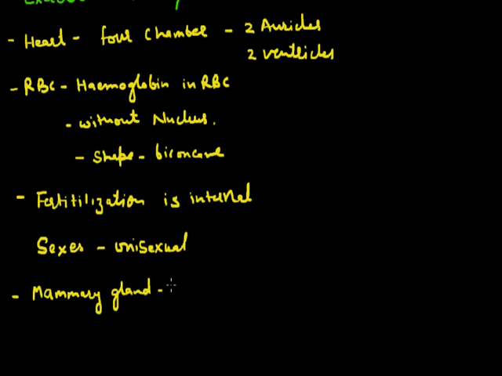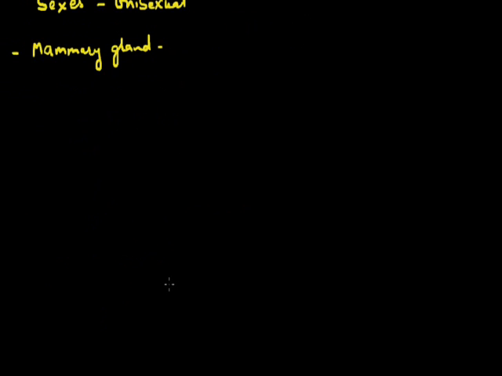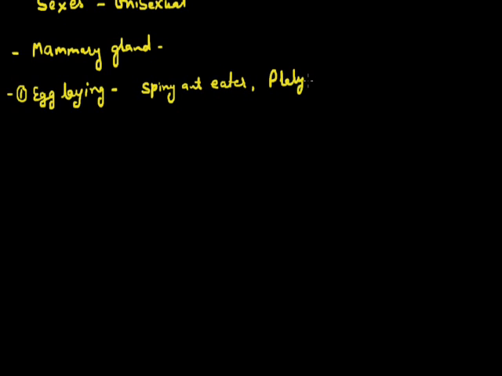The mammary glands are present in this class, and these groups are divided into three subgroups on the basis of their reproduction process. The first group is the egg-laying mammals. It means these mammals produce eggs. For example, spiny anteater and duck-billed platypus. These animals are egg-laying animals. The second group is the marsupials.